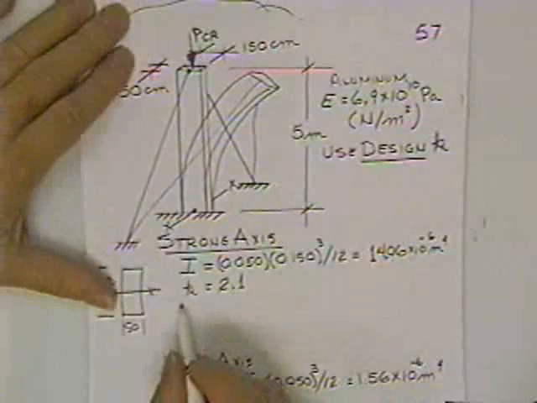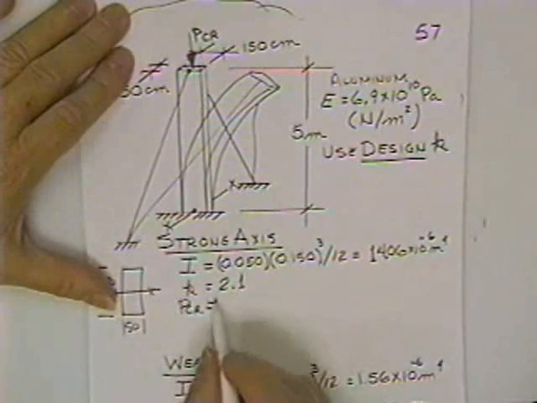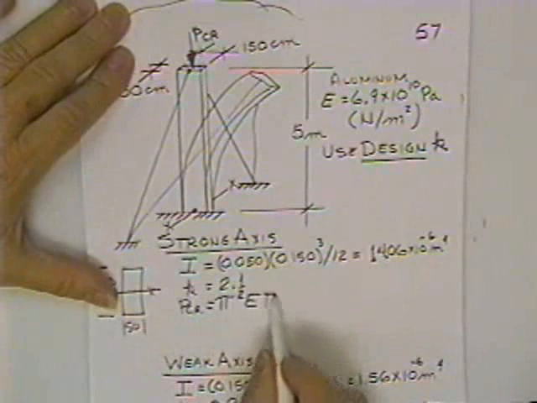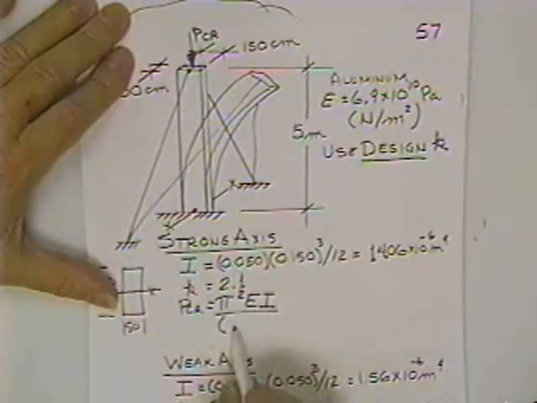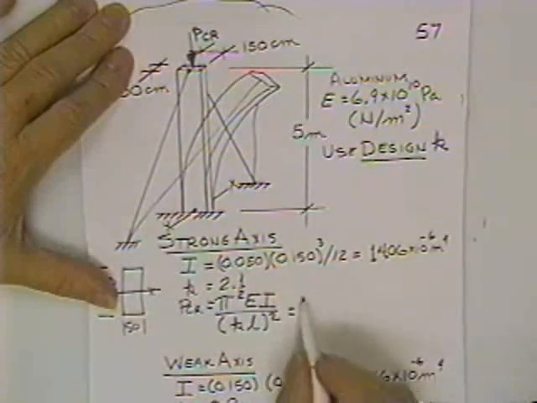Then I simply go to my equation, which says P critical is equal to pi squared EI divided by KL squared.